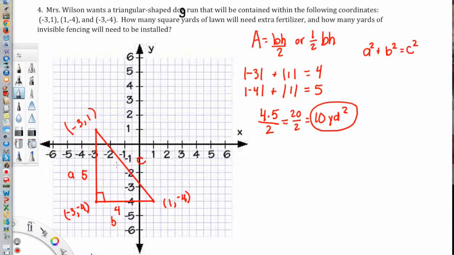So we take side A squared, add it to side B squared, and that's going to equal C squared.